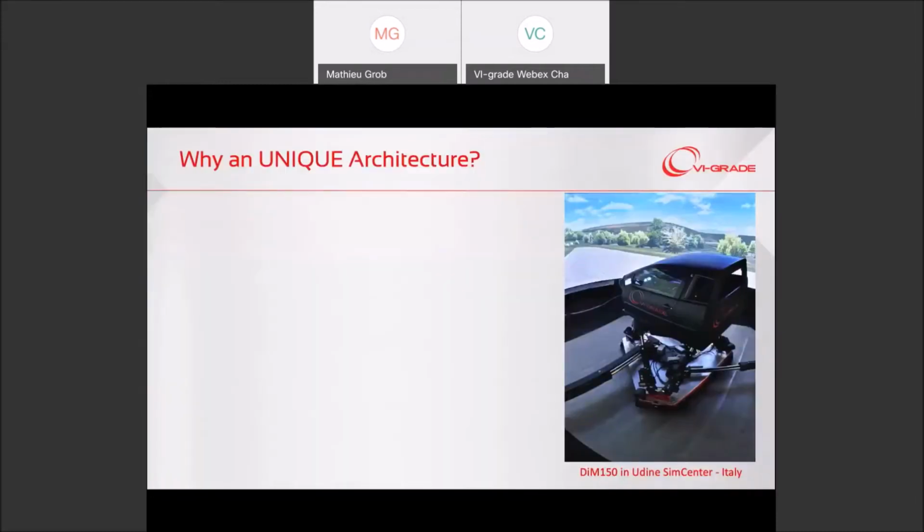To achieve this, we have developed at ViaGrade what we call a unique architecture. So why do we spend so much time developing this kind of architecture, different from others that exist on the market? Driving simulators are nowadays a new automotive development platform that allows designers, engineers, and drivers from both OEMs and suppliers to work together in a safe environment and to test, develop, and design in a co-simulation environment.